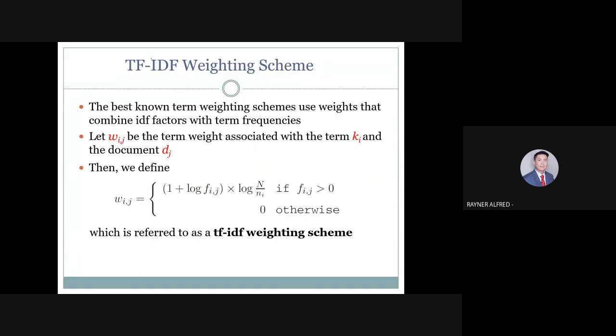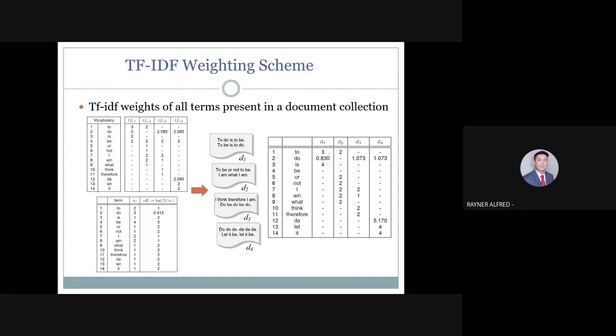Since we are going to use TF-IDF, this is your term frequency and this is your IDF, so we multiply them. We multiply this with this, and we get the new updated TF-IDF. This is the new weightage for all the terms in all the documents that we have here.